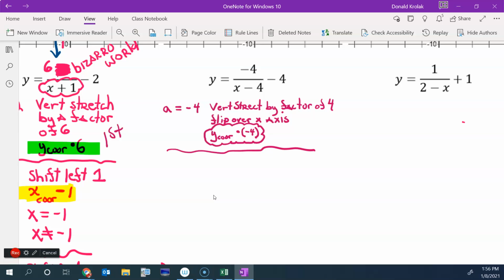Now we've got an h of positive 4. Any questions on why that's positive 4, not negative 4? Yeah, bizarro world. And you watch Seinfeld. That's a nod to Seinfeld.